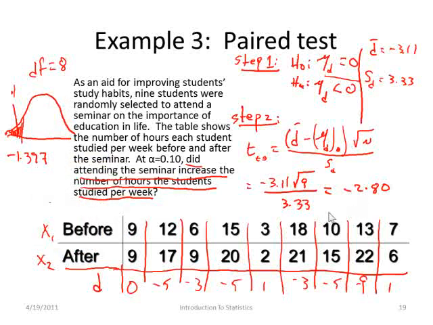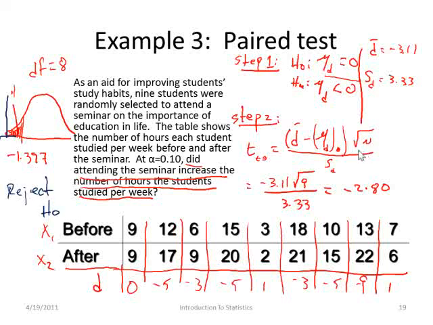So now we have to make a decision, step number 4, so negative 2.80. So our test statistic looks like it falls way over here. So is our test statistic in the rejection region or the non-rejection region? Rejection region. So we can reject the null hypothesis.